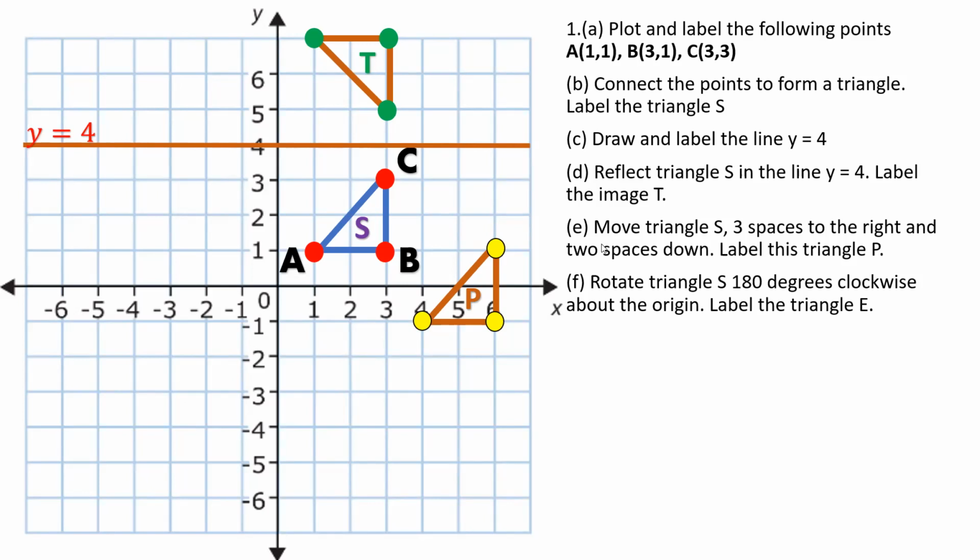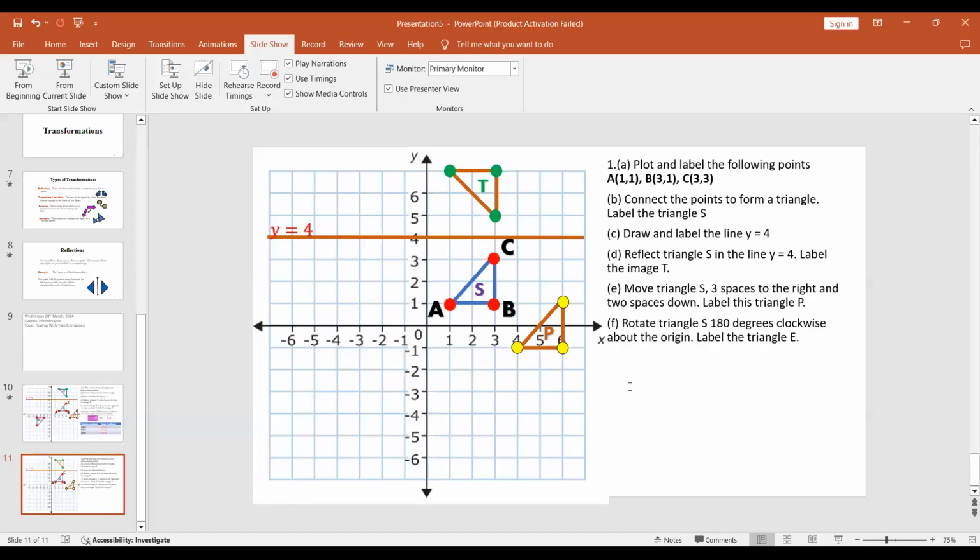Okay, let's do the rotation. How many degrees is the rotation? 180 degrees. And it's going to be clockwise. So we're going to take all the coordinates and negate them, right?